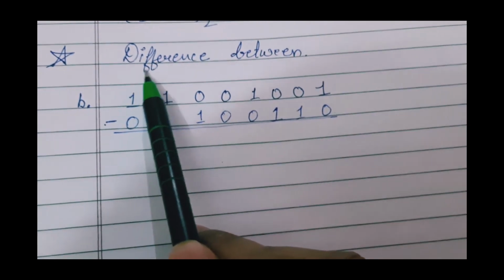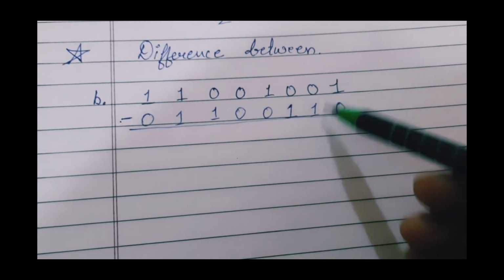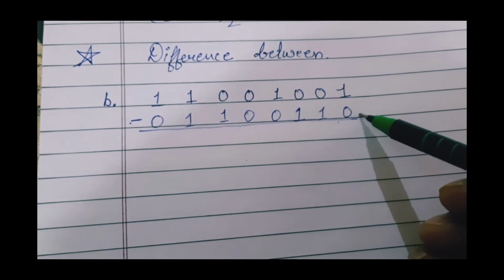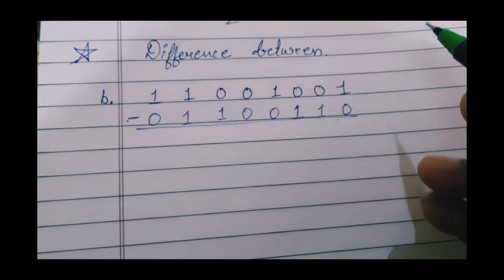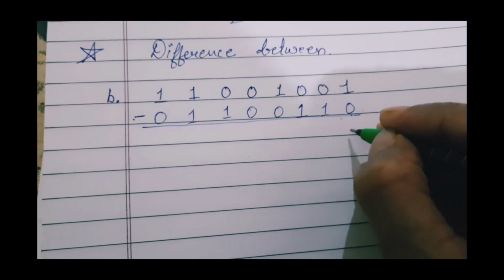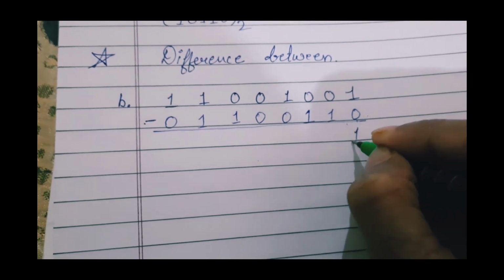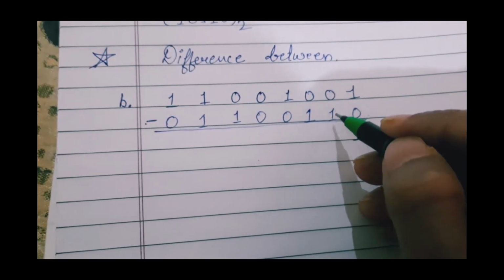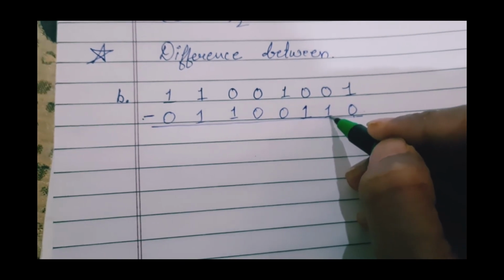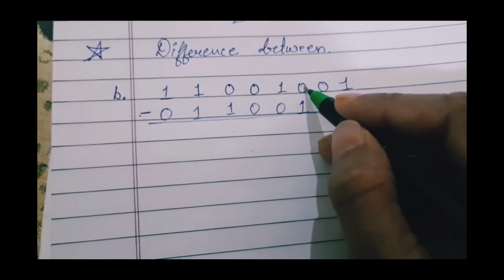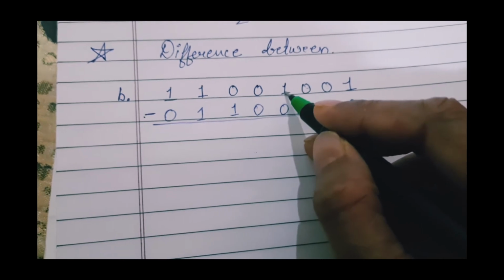Let's find out the difference between these numbers. We are going to subtract this number from this. So 1 minus 0 comes 1. 0 cannot have 1 subtracted. So here also we have 0, but here we have 1.